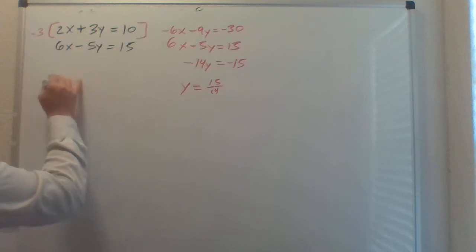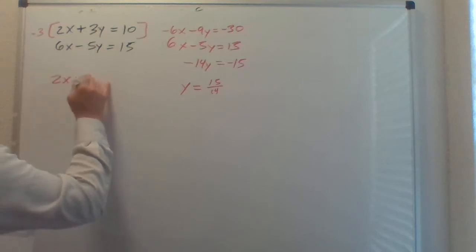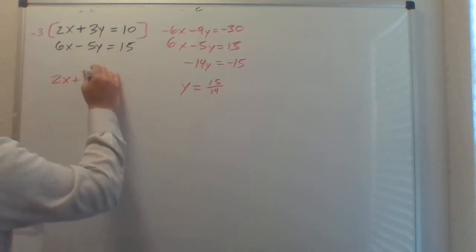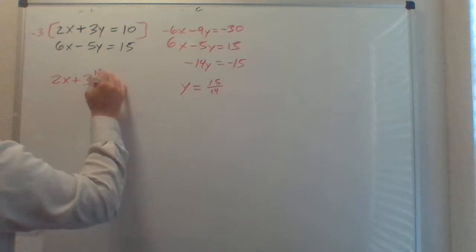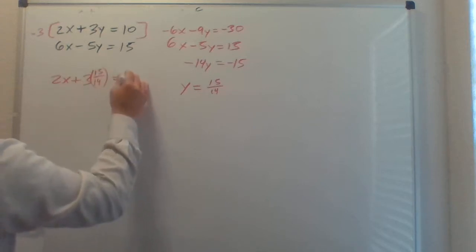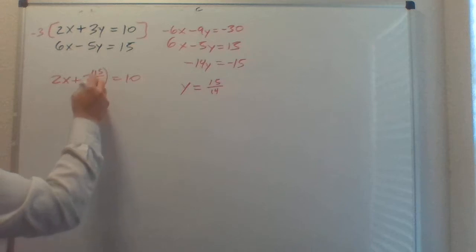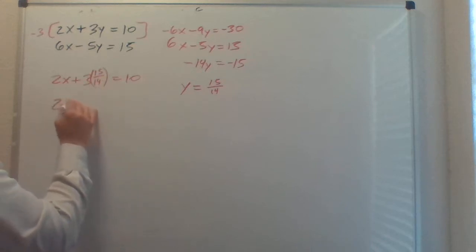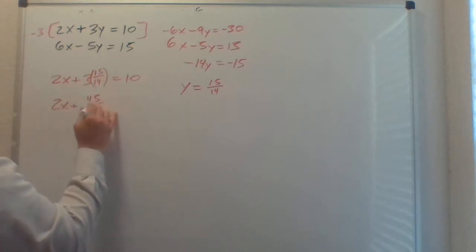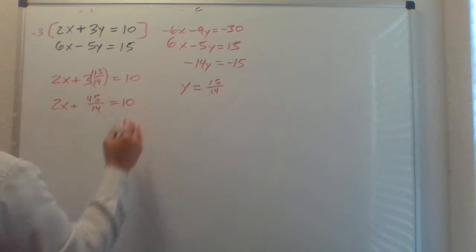So I'll just use the top equation. 3 times 15 over 14 equals 10, which is really 45 over 14 equals 10.